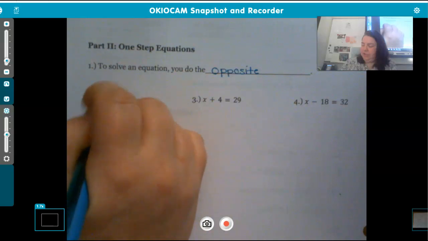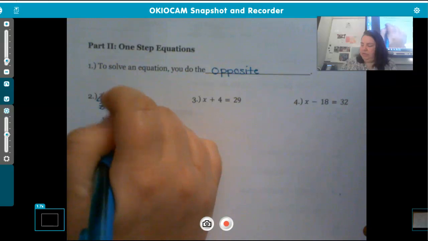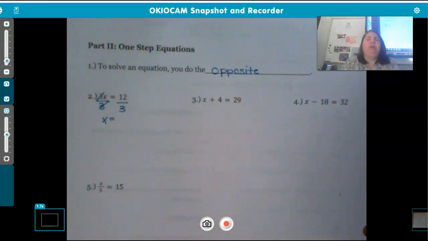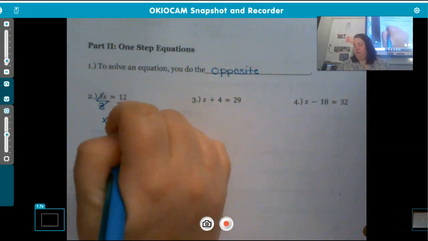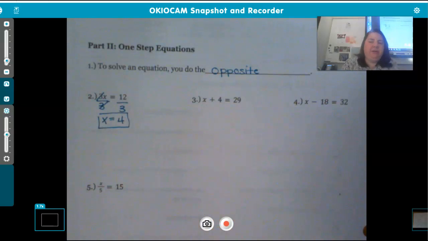These cancel each other out. So that gives me x equals, what is 12 divided by 3? 4. And then don't forget to put a box around it so that I can tell that that is your answer. Everybody organizes their work just a little bit differently, which is fine. It just helps me when I'm grading to be able to quickly find your answer.